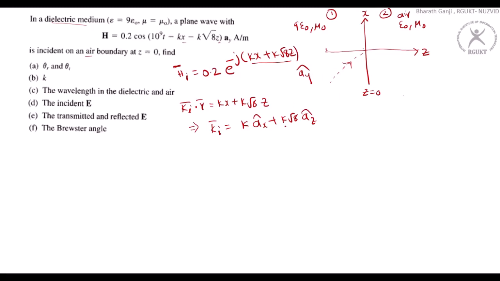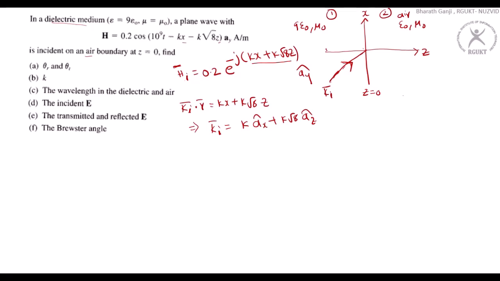That gives me both positive x and positive z components. So in fact the wave is coming from the bottom like this. So this is my ki bar vector. I have the magnetic field here, and what I want is the electric field.